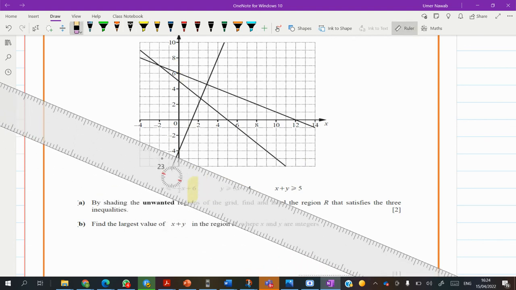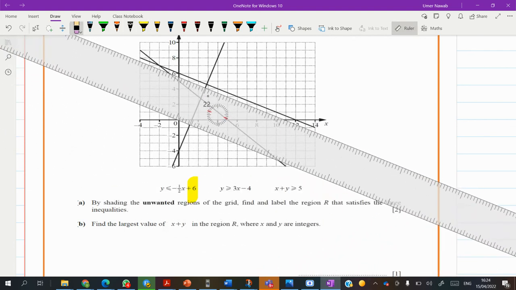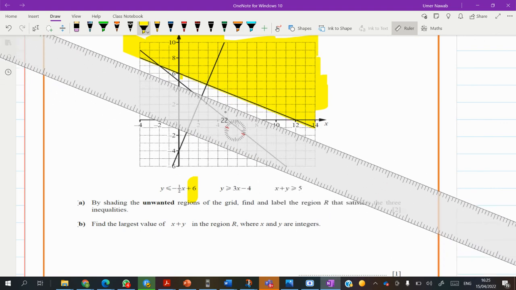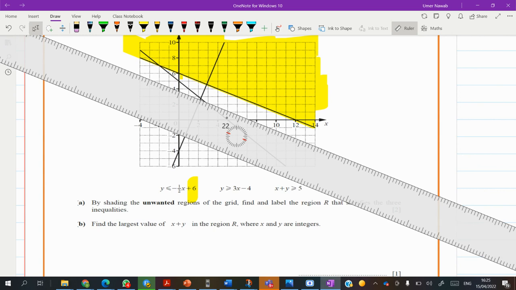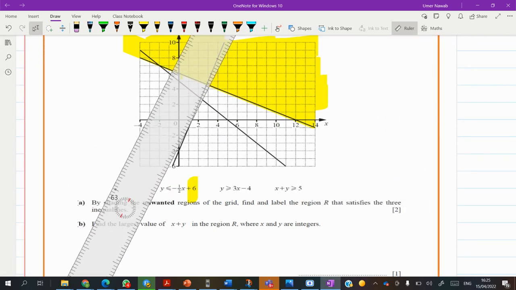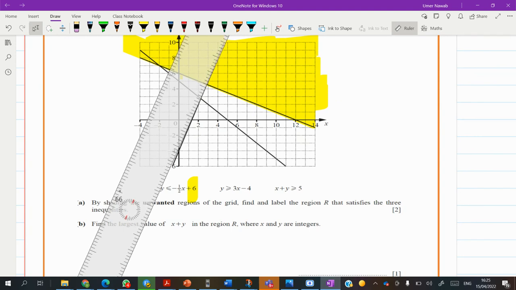So we have to shade the above portion. Done. Then minus 4, this line. We have to take the above portion, place it here.